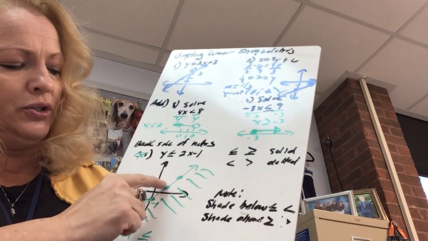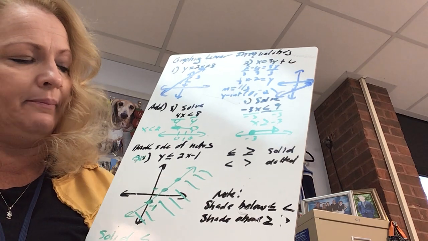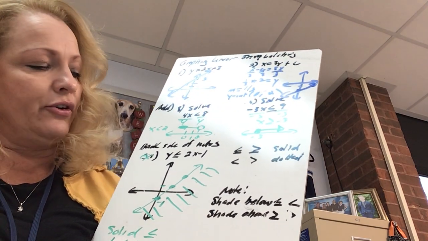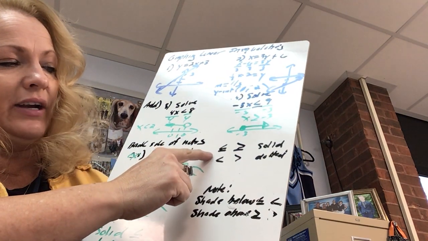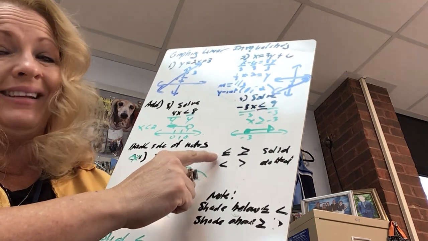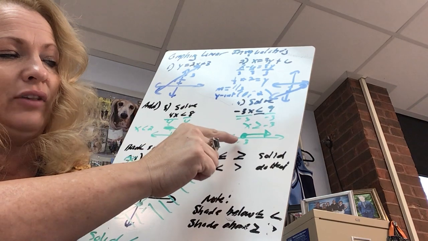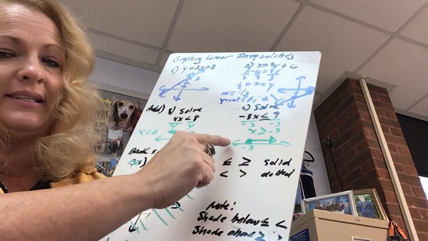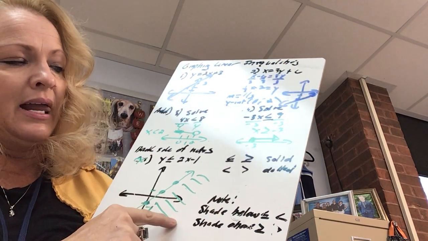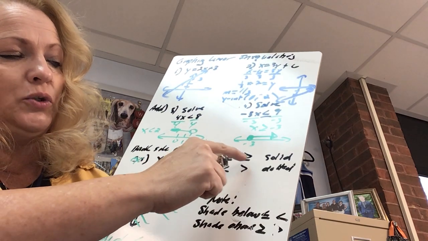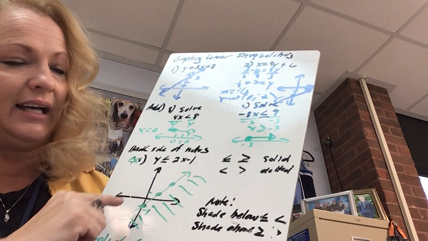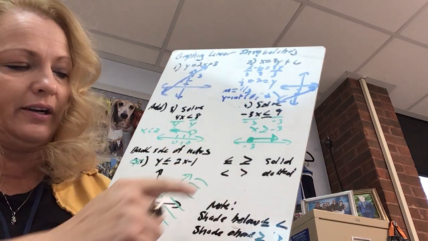I would go up to right 1, up to right 1. Now, first of all, this is less than or equal to. So if you have an equal to, you're going to make this line solid. It's kind of like the filled circle on the basic inequality here. So if you have a less than or equal to or greater than or equal to, the line is solid, like a solid circle here.